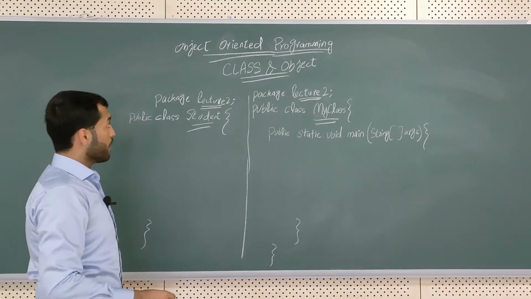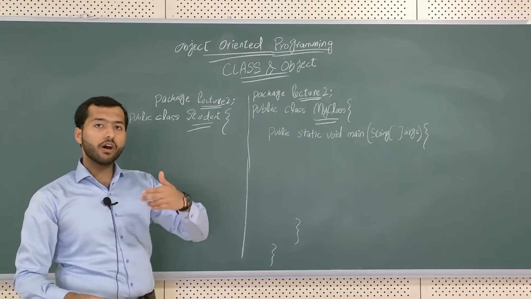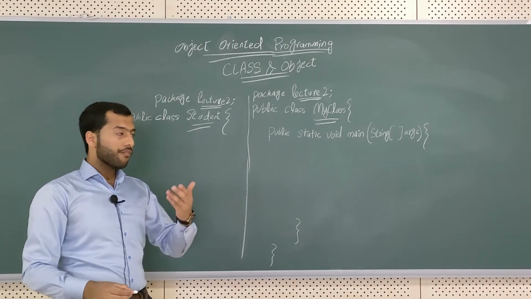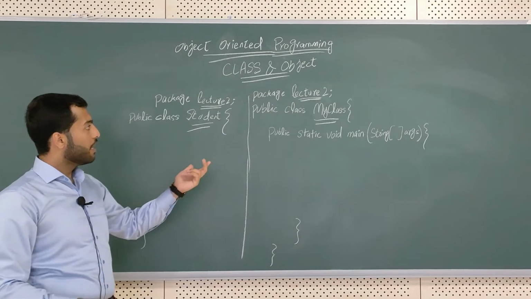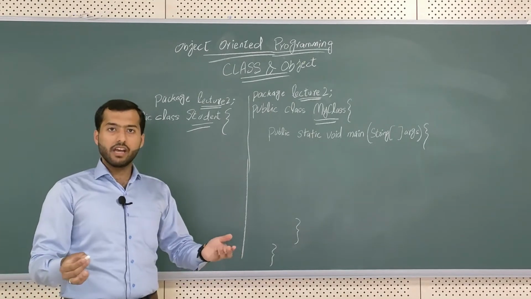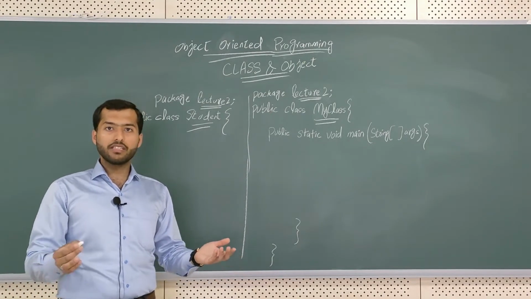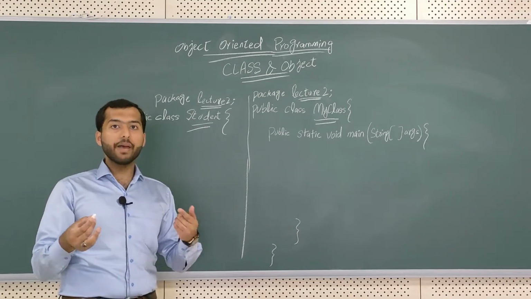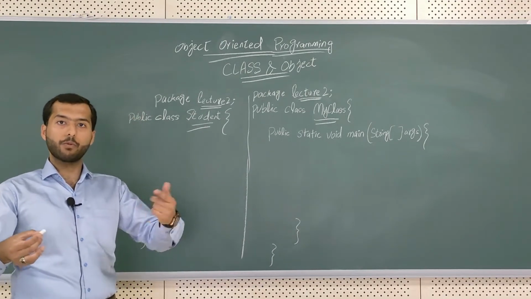So the first thing when you are dealing with object-oriented is that you have to create different classes. How many classes you want to create is your choice, but the package must be the same for the same project.